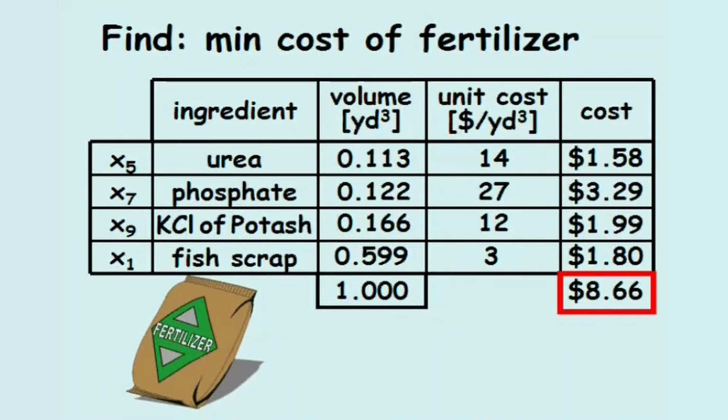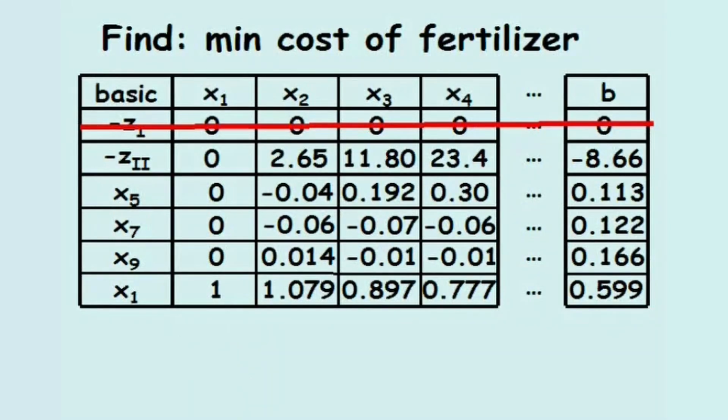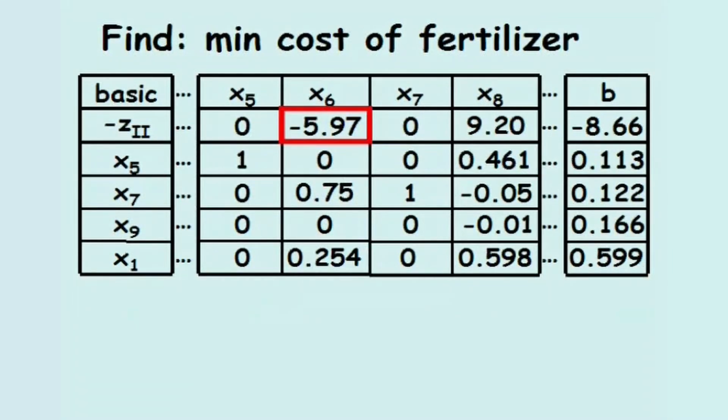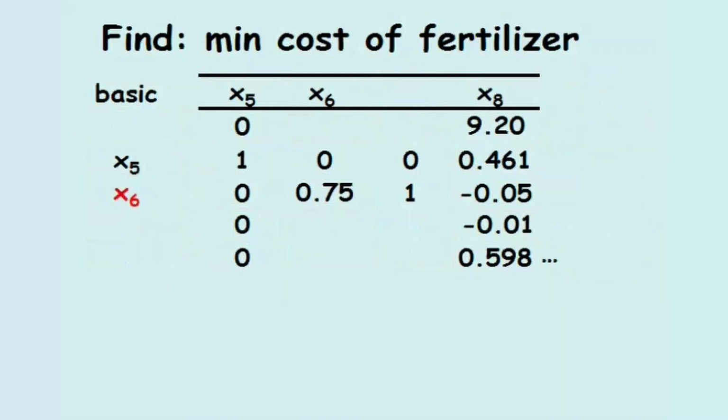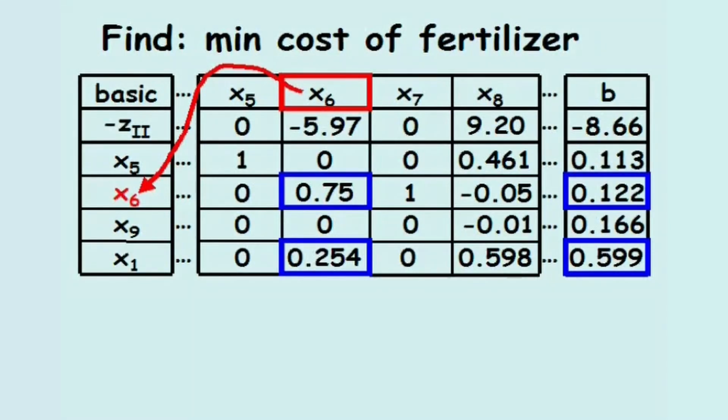Returning to our tableau, we can remove row Z1 and columns V1 through V4 since phase 1 is complete. From pricing out, variable x6, which represents bone meal, is next to enter the basis in place of variable x7, phosphate.